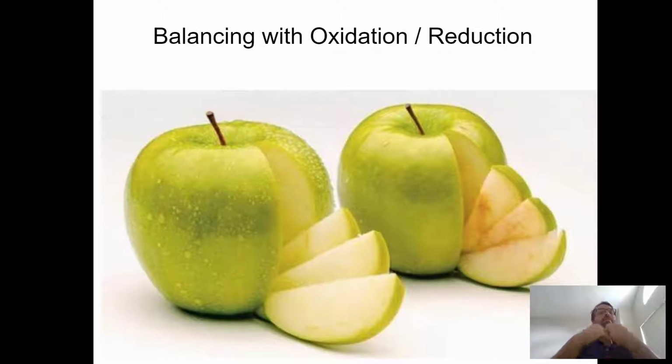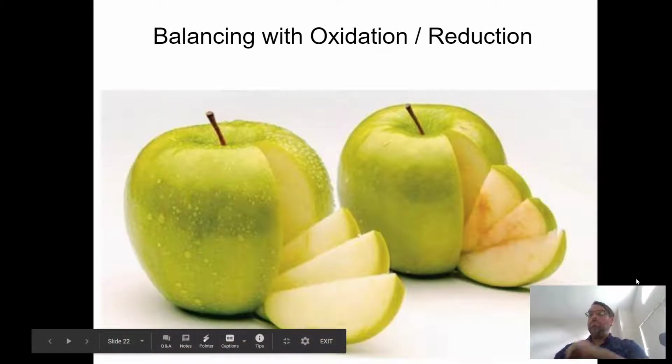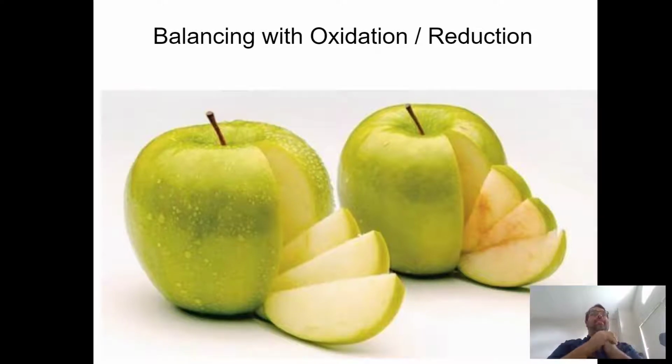The main reason that we're going to go ahead and balance with oxidation reduction is because sometimes using oxidation reduction reactions, they can become hard to balance. And by learning how to balance specifically the charge first, that's something that we could use to help us balance some harder equations easier.